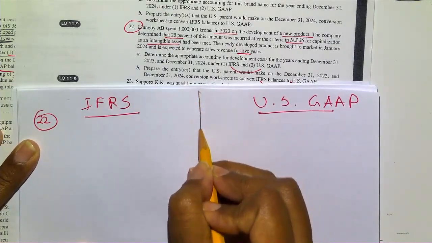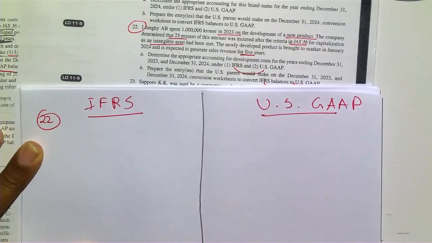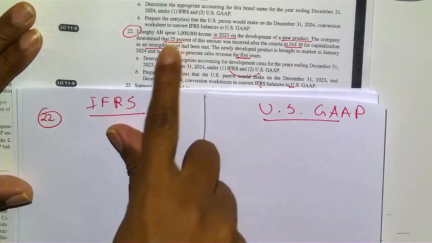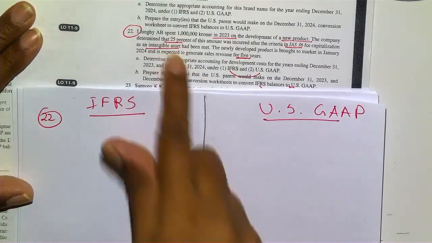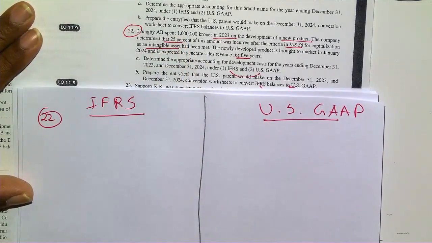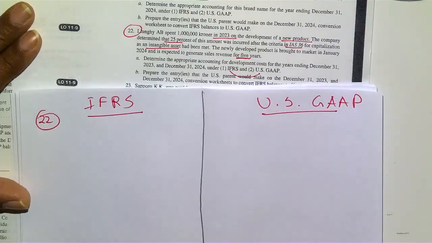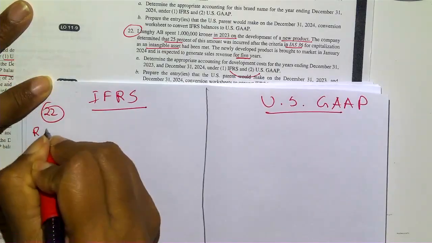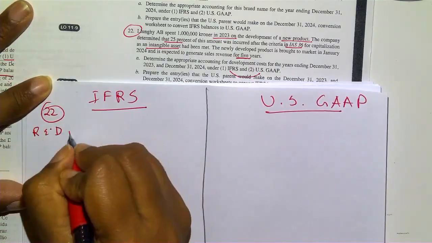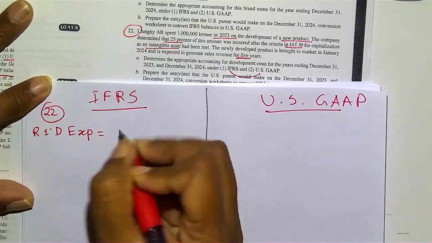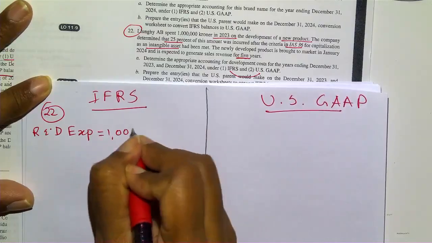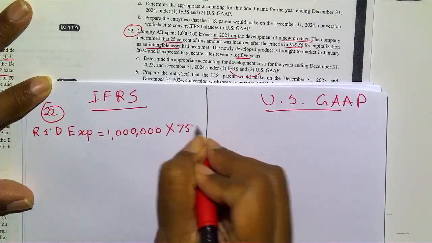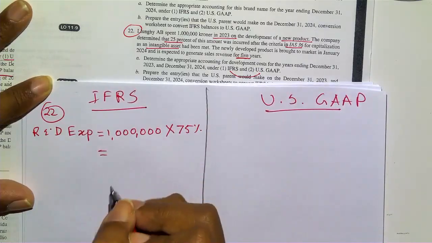Now, who can tell me what will be the IFRS R&D expense? They spent 1 million kroner, but 25% of it they can show as intangible assets or deferred development cost. So 75% will be their R&D expense. So for R&D expense under IFRS, who can calculate it? 1 million multiplied by 75%, you don't need a calculator, which will be how much?